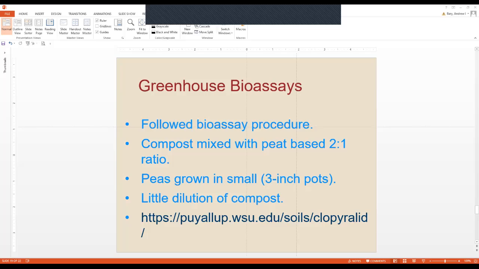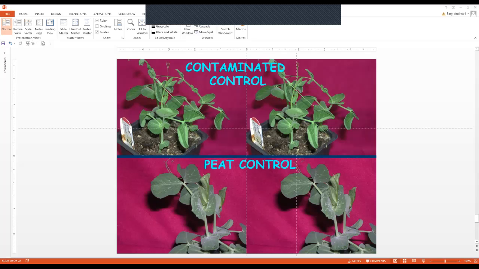There's a method I have up on my website. Here's the URL. Go to that website and it gives you further directions on how to do a bioassay. The bioassay may be a little more sensitive than a chemical analysis because you'll see if you're really having any problems from it.